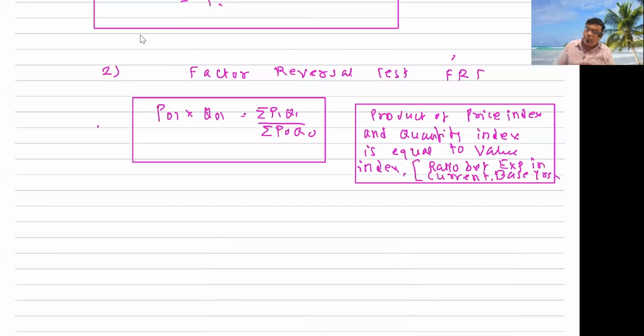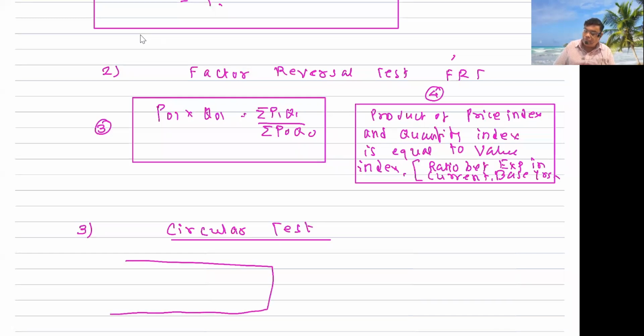So this is MCQ number 3. This is MCQ number 4. Then the third one we have is the circular test. And what is the statement of it?